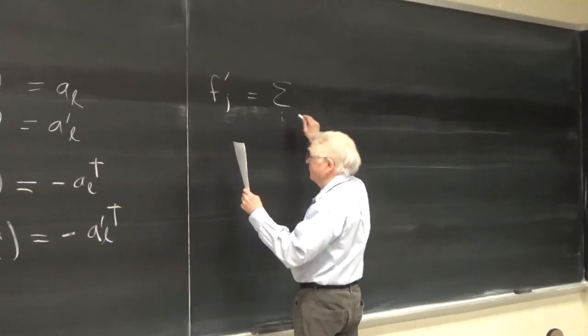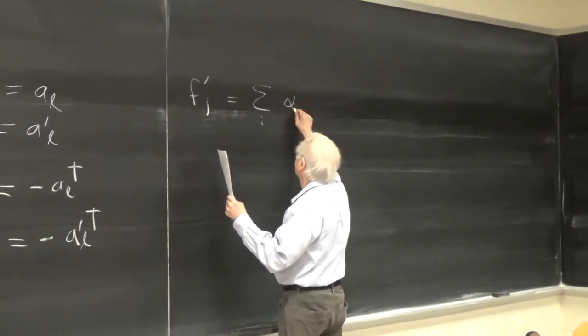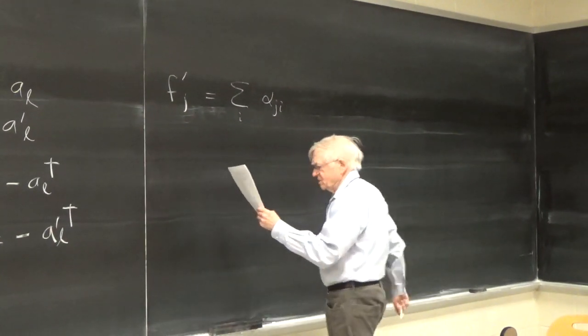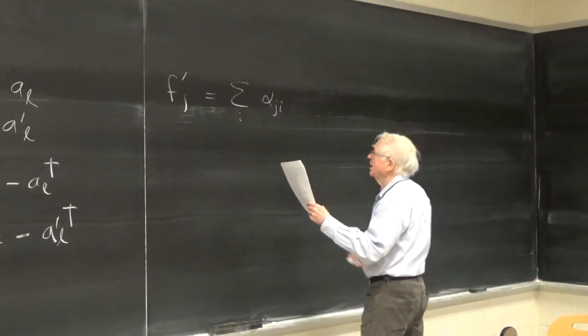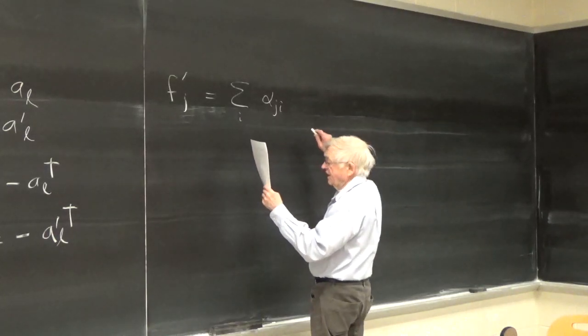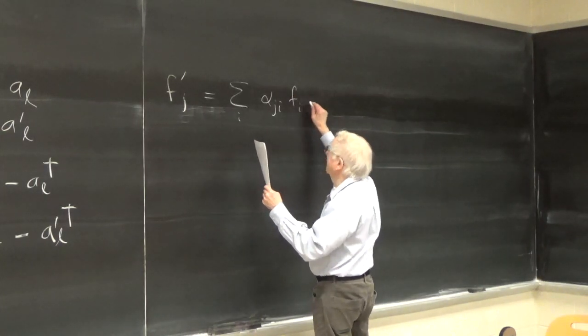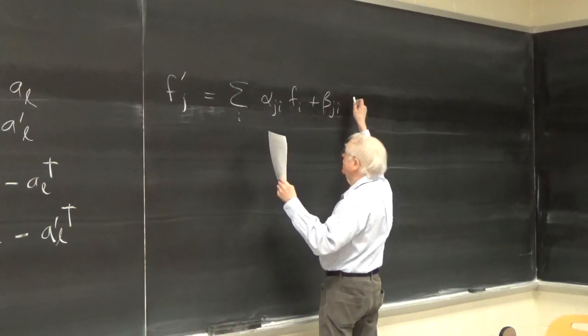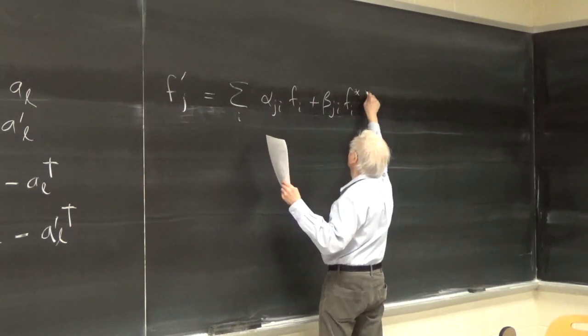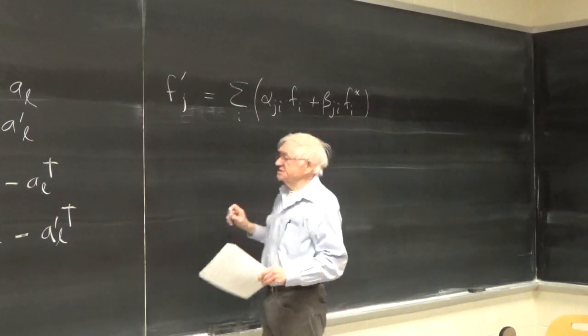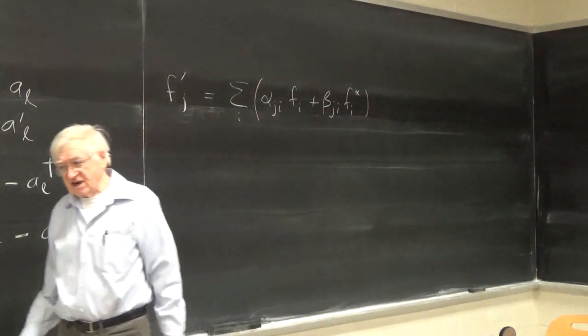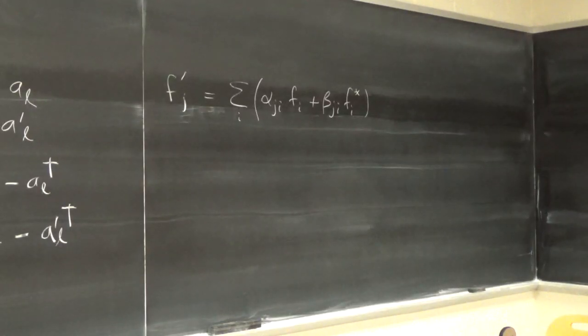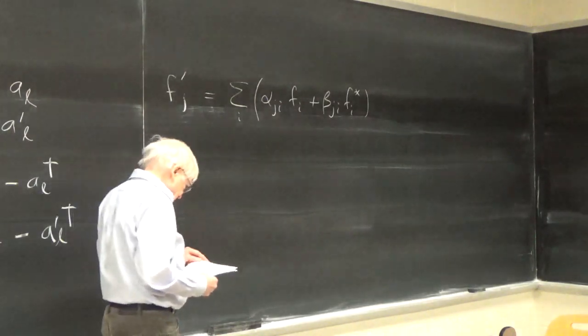We'll do a sum over i, and I'm using Davies notation, alpha_ji f_i plus beta_ji f_i star. So this is a way of expressing the second set of solutions in terms of the first set of solutions and their complex conjugates.